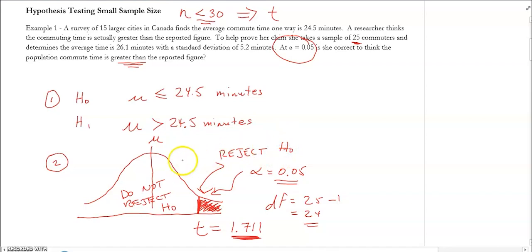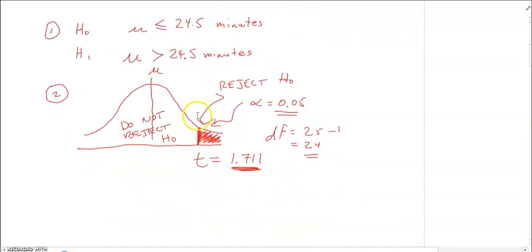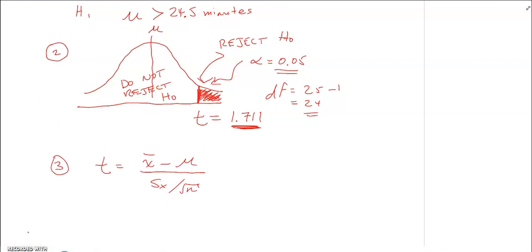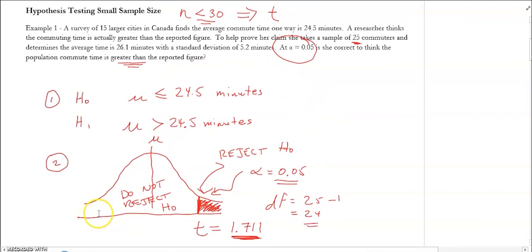Okay, so what we're going to do next then is actually do the test. In this case, we get the following. We use t is equal to the sample mean minus the population mean divided by standard deviation divided by square root of sample size. And let's put down what we know from our question. Based on this question, it says that our sample of 25 values gave us a mean of 26.1 minutes.